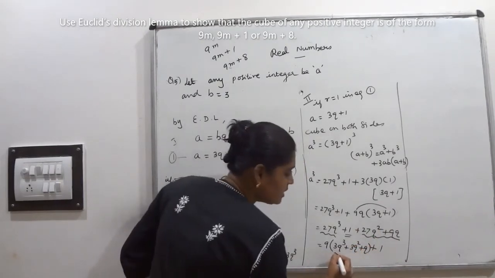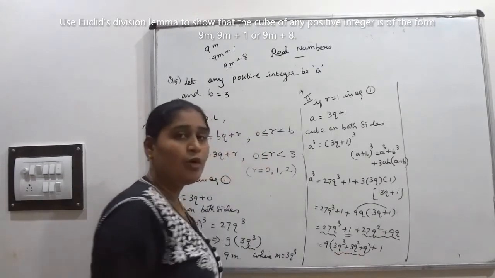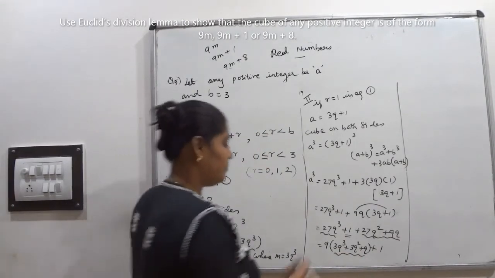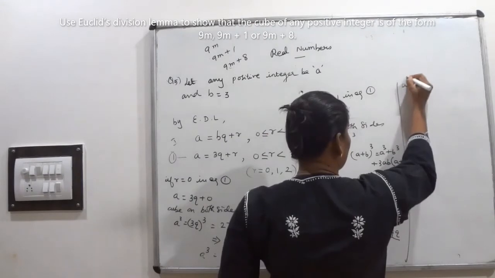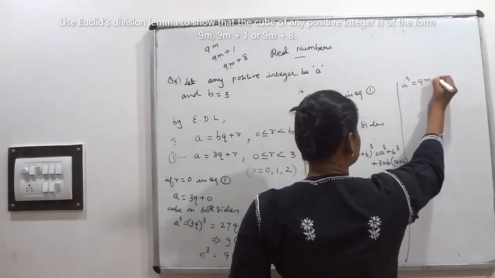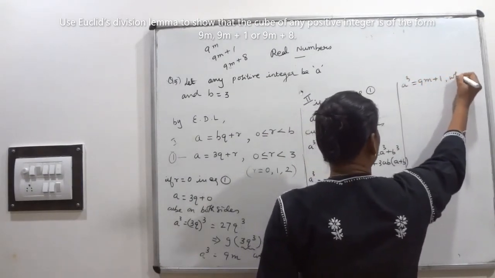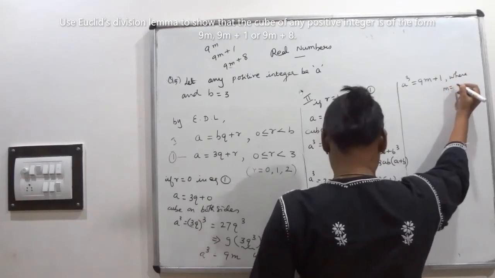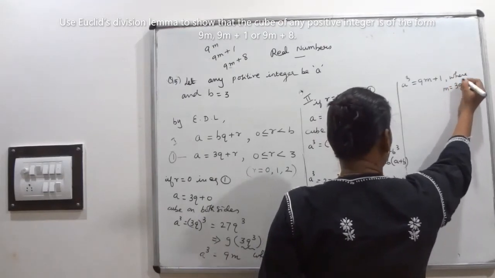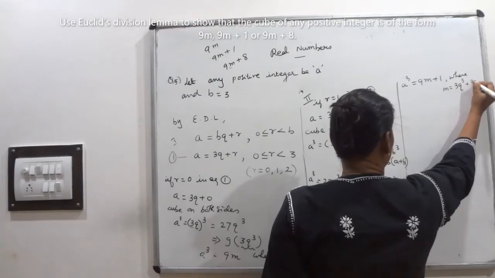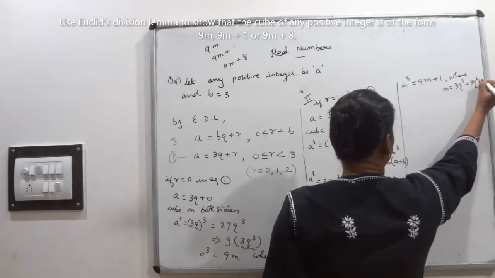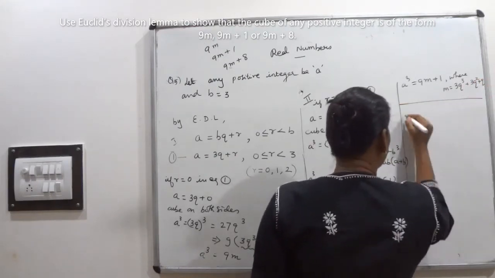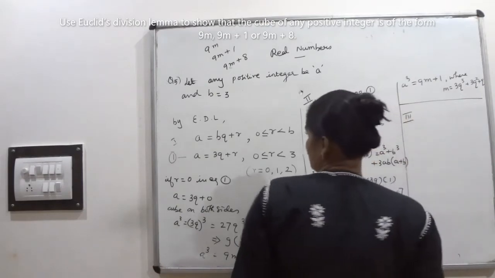So whatever is inside the bracket, I am going to assume as m. So a cube is equal to 9m plus 1, where m equal to 3q cube plus 3q square plus q. Then I am going to solve the third step.